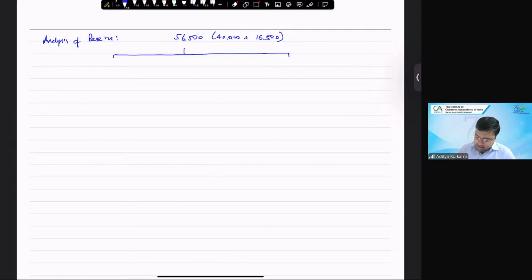If I split it into pre-acquisition and post-acquisition, the pre-acquisition reserve is 40,000 and the post-acquisition is 16,500.